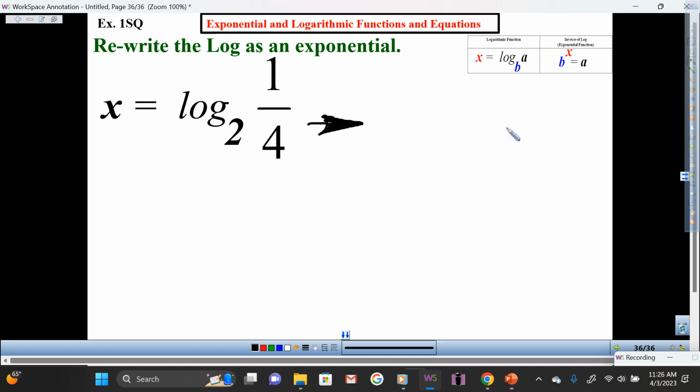All right, Delilah, what did you get? 2 to the X equals 1/4. Hands up if you got that. All right, from 1 to 5, how come you are changing log to exponential? 5, 5, 5, 5. Okay.